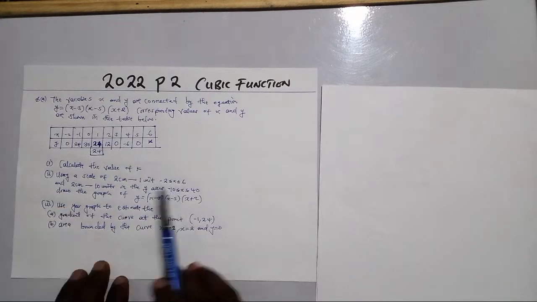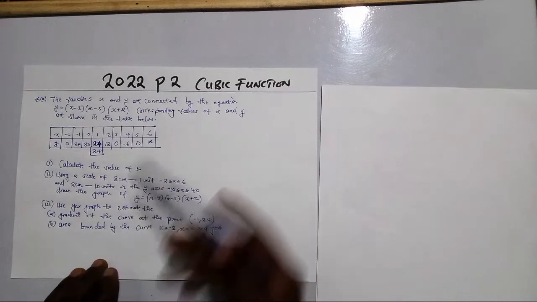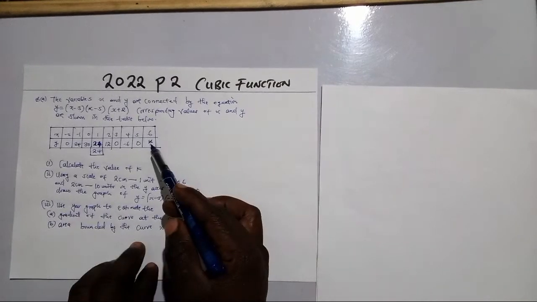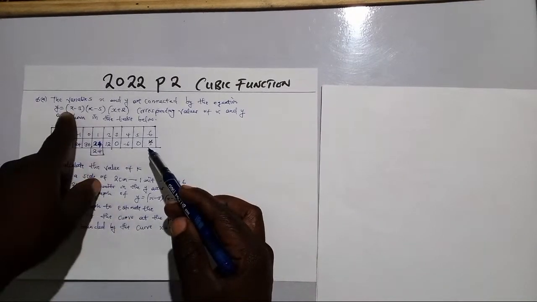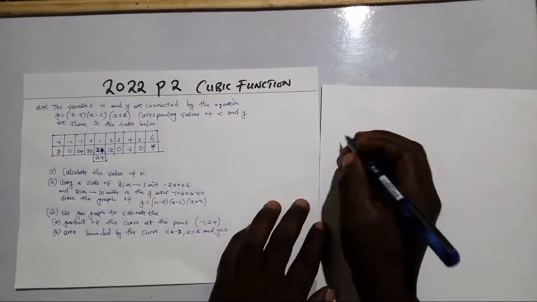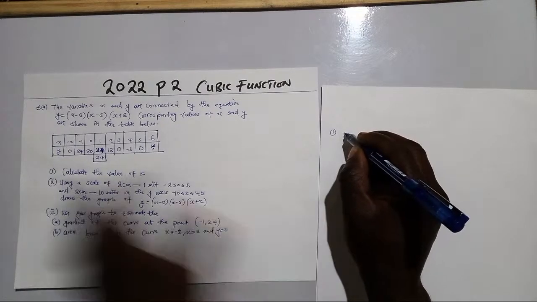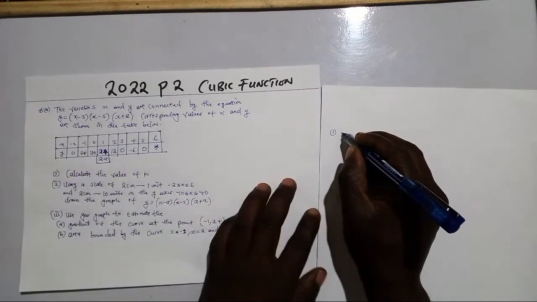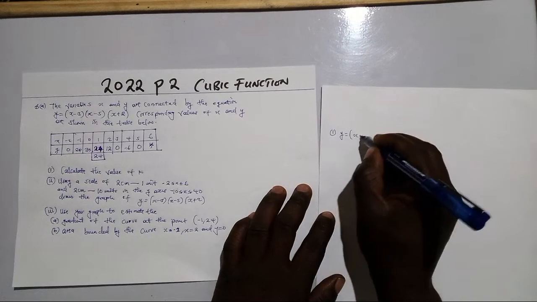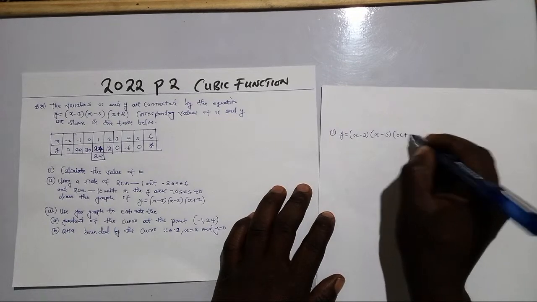For the first question we are told to calculate the value of k, because they are saying these values correspond. To find the value of k, you have to write first the cubic function which we have been given: y equals open bracket x minus 3, x minus 5, then x plus 2.